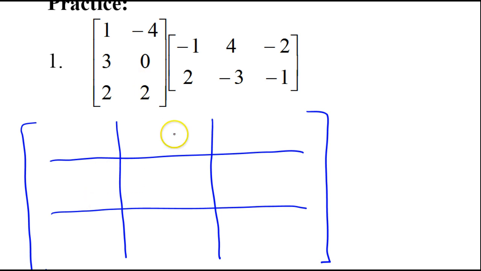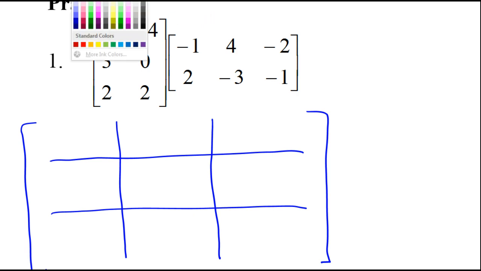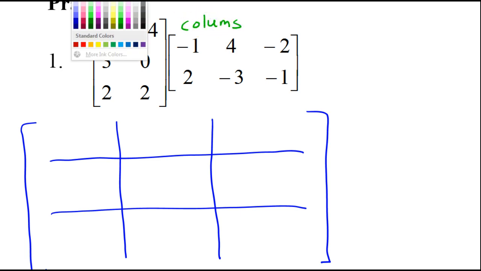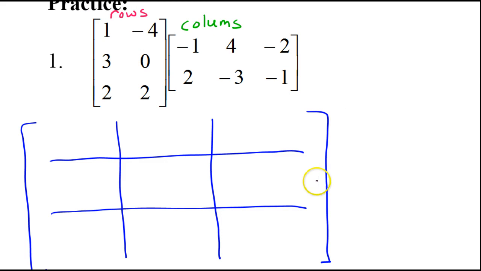So to find the product, we are going to multiply rows by columns. All of the rows are going to come from the first matrix, and all of the columns are going to come from the second matrix. By the way, sometimes they refer to one element at a time.